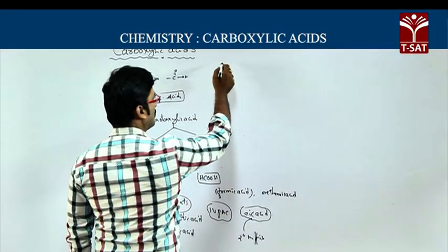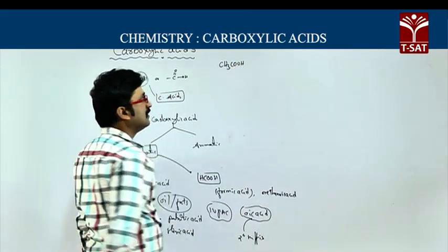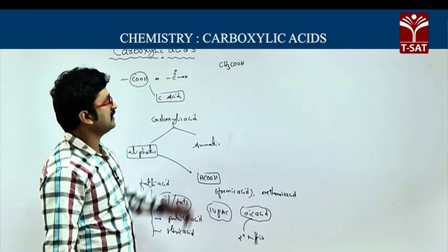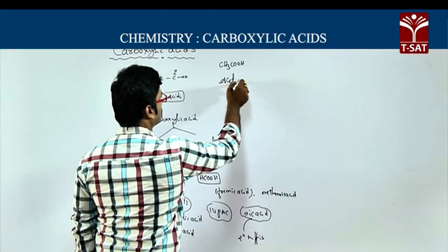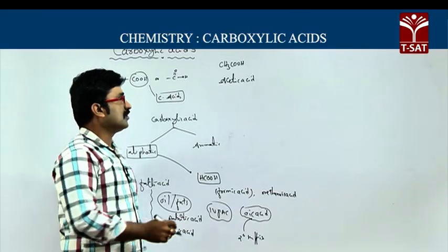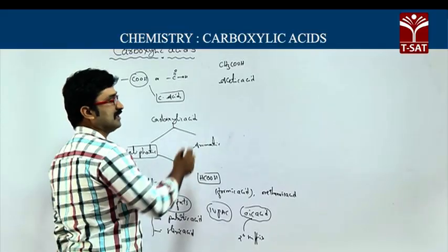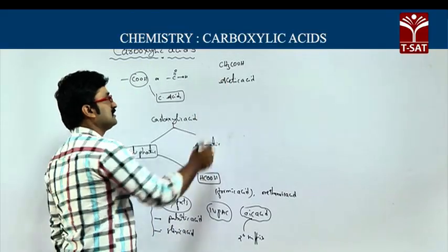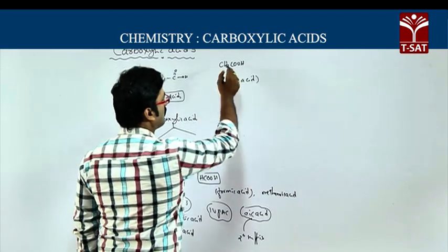Now we'll go for the next one, CH3COOH. The common name of CH3COOH is acetic acid, because it is obtained from acetum. Acetum is nothing but vinegar; dilute acetic acid is called vinegar.